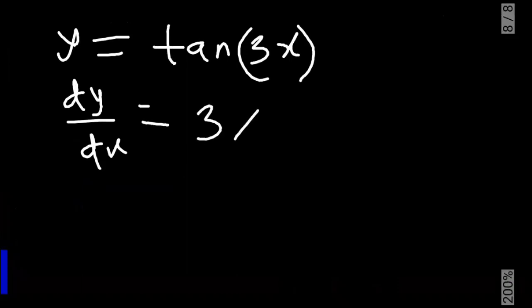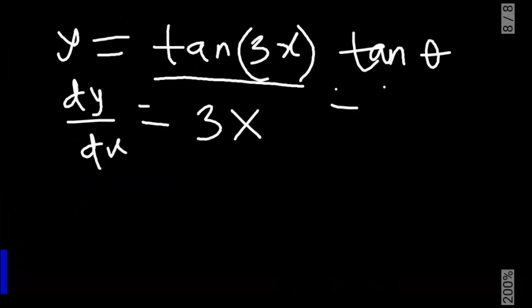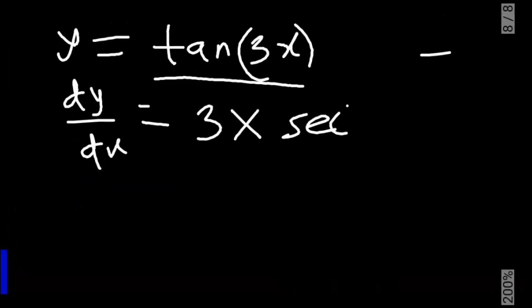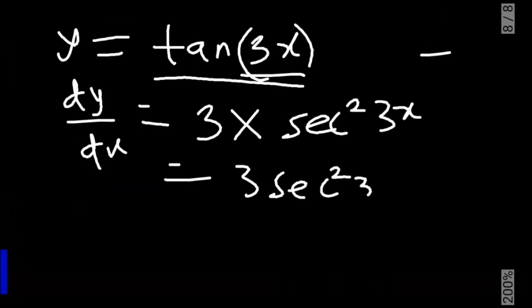And we multiply it by the derivative of tan. The derivative of tan, whatsoever angle, is sec squared that angle. So we multiply it by sec squared this angle, 3x. Still the same thing.